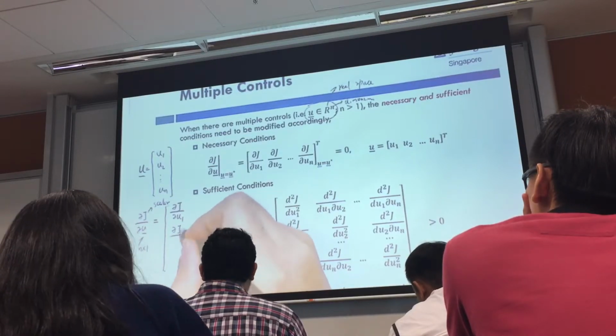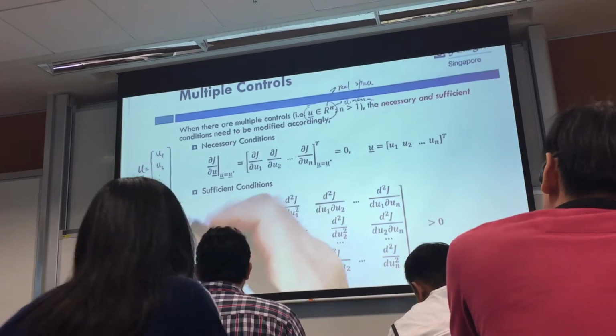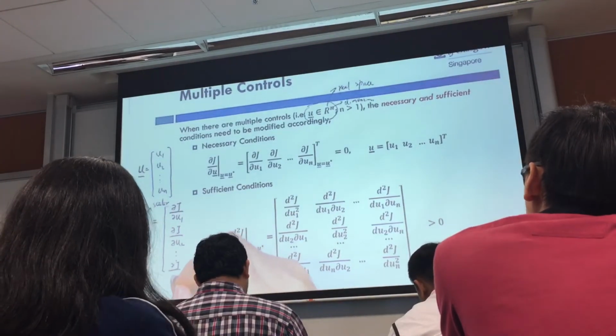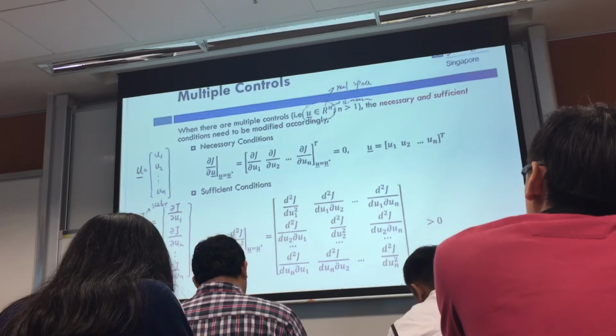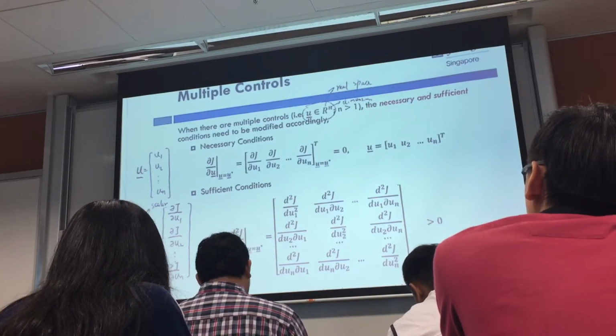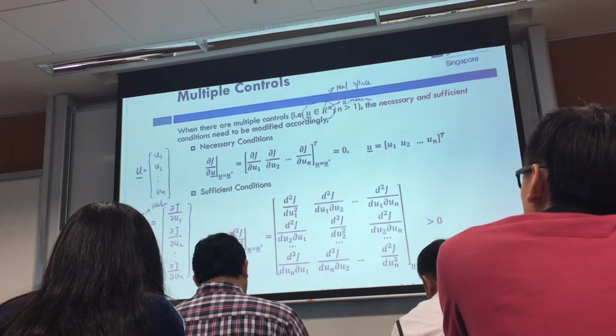The next one is dJ/du2, and so on up to dJ/dun. So this is also an n by 1 vector.